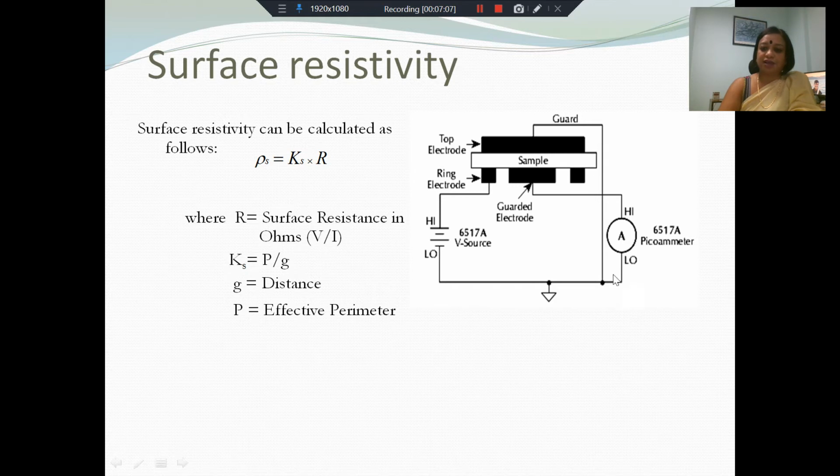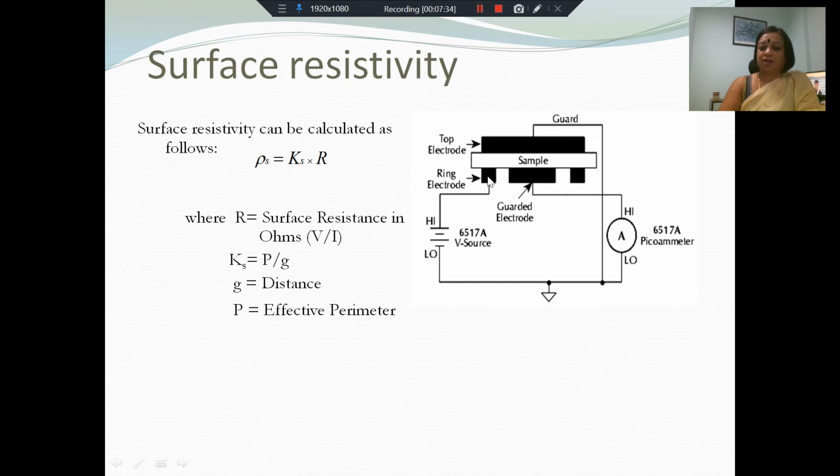On the other hand, the same potential that is taken to the sample here is also taken to the guard electrode, which means that both these electrodes, which are on two sides of the sample, are at the same potential. So strictly speaking, there is no potential difference across the volume of the sample, and no current should flow through the sample. So volume conduction is eliminated.